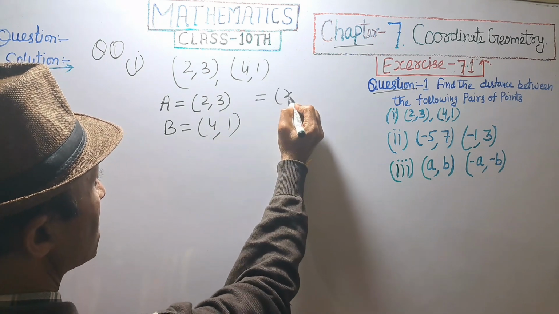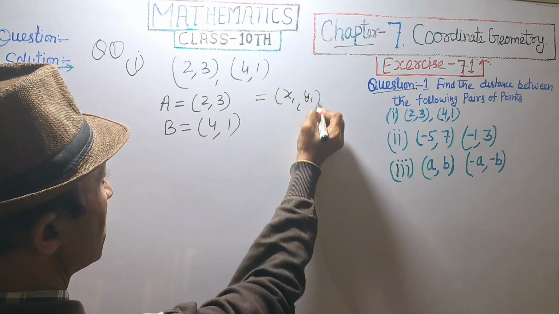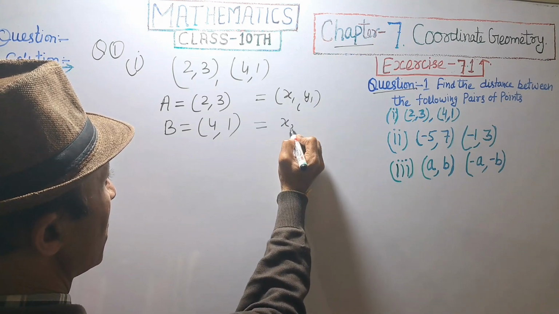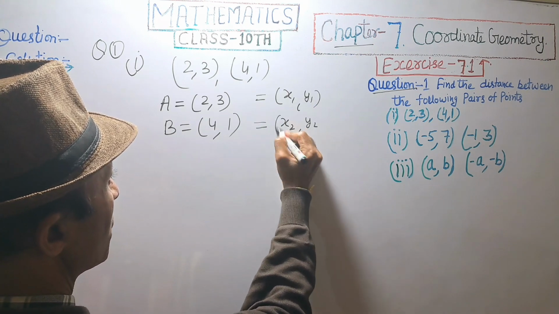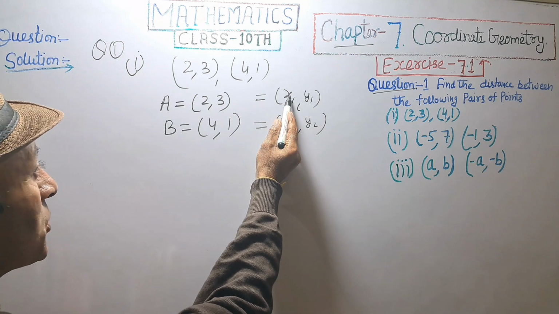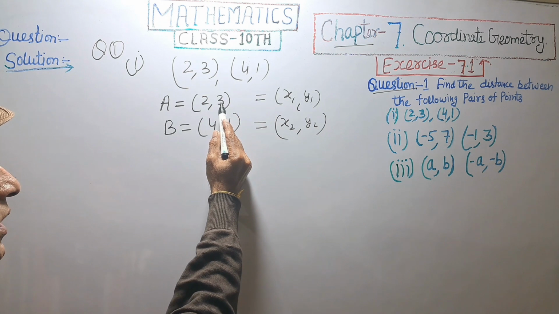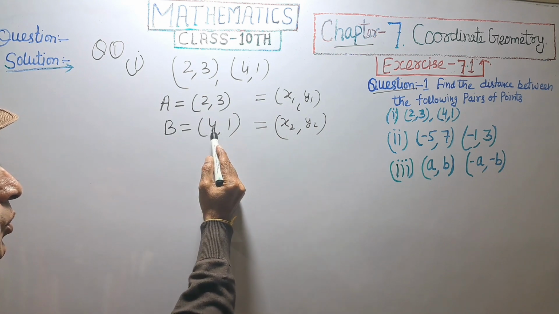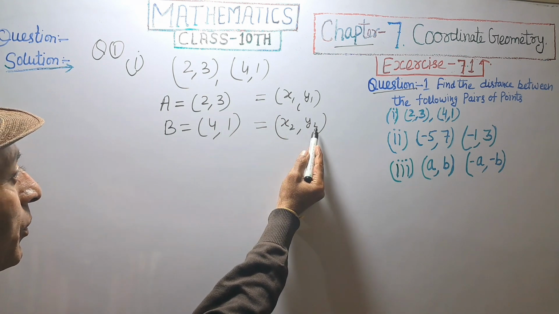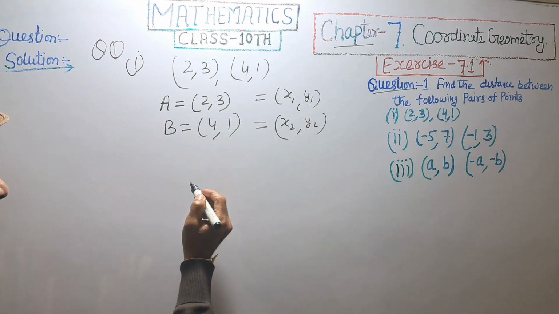So x1 is 2, y1 is 3, x2 is 4 and y2 is 1.